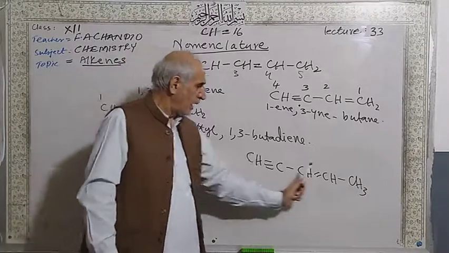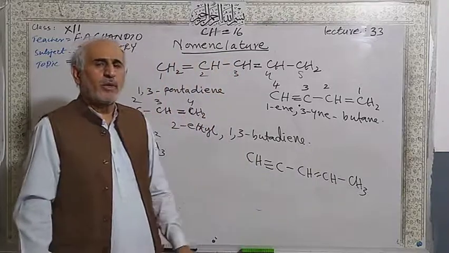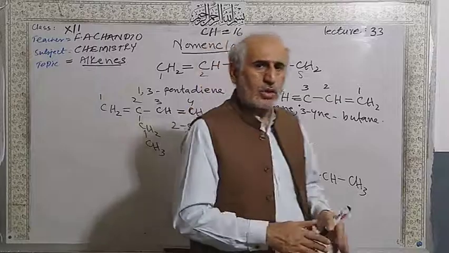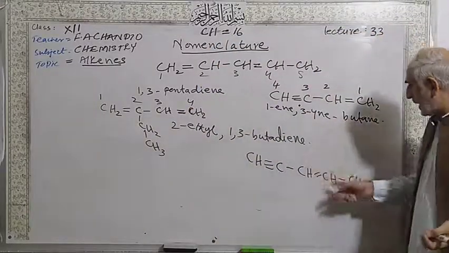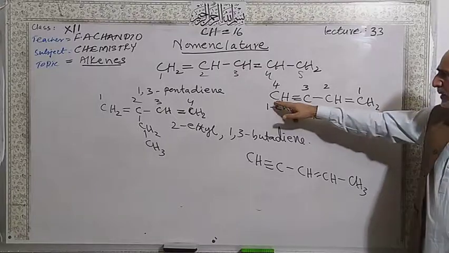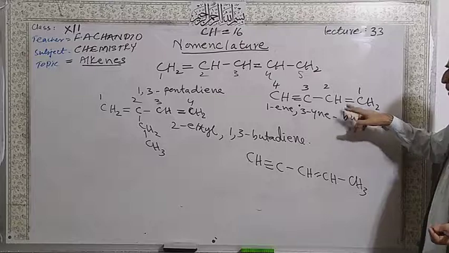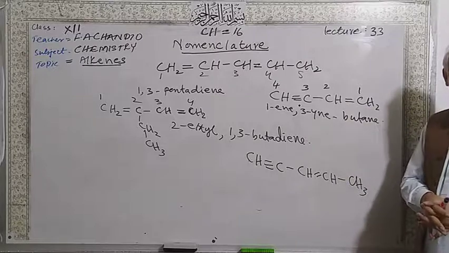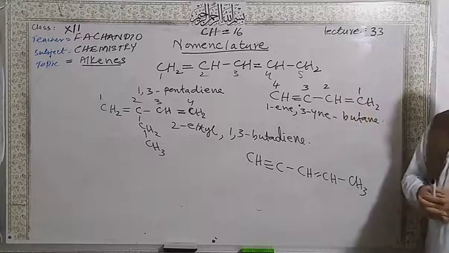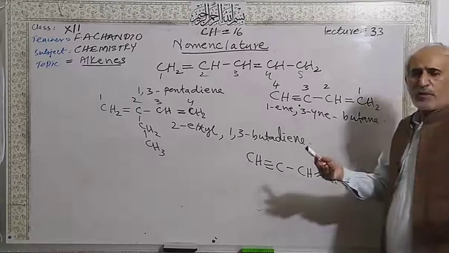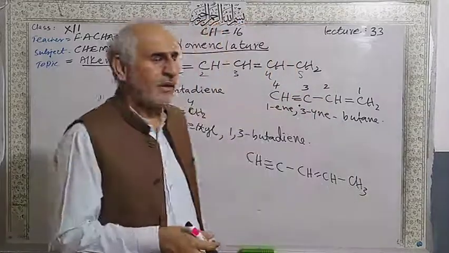First, here 1 and 2 there is a double bond. Now, see the position, because in the previous case the position of the triple bond and double bond was the same, starting from this side and from this side. That's why we prefer the double bond due to its reactivity.